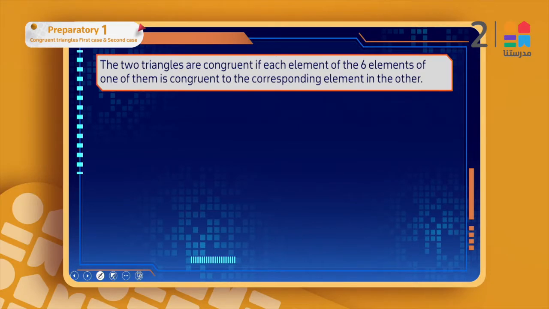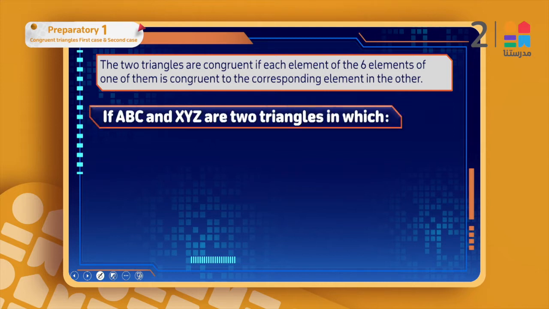The 2 triangles are congruent if each element of the 6 elements of one of them is congruent to the corresponding element in the other triangle. If triangle ABC and triangle XYZ are 2 triangles in which, number 1, what do you observe? Here we have 2 triangles.